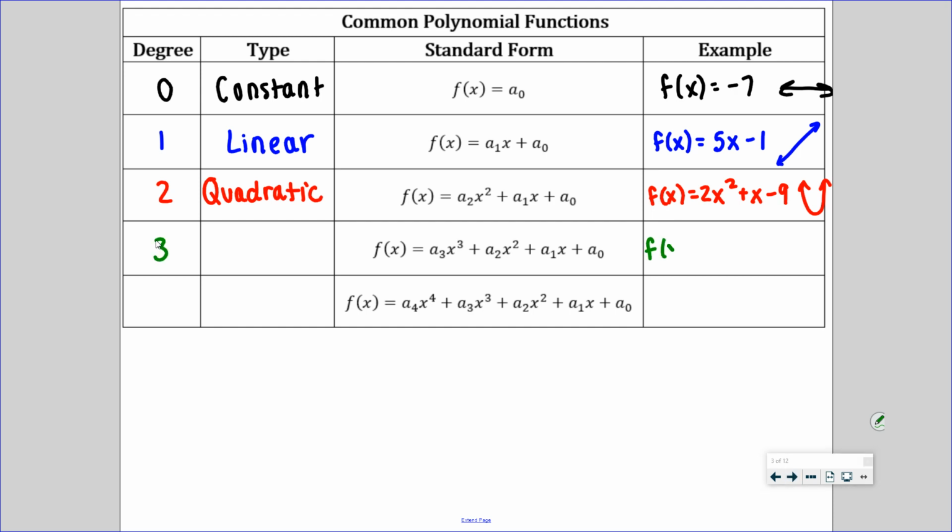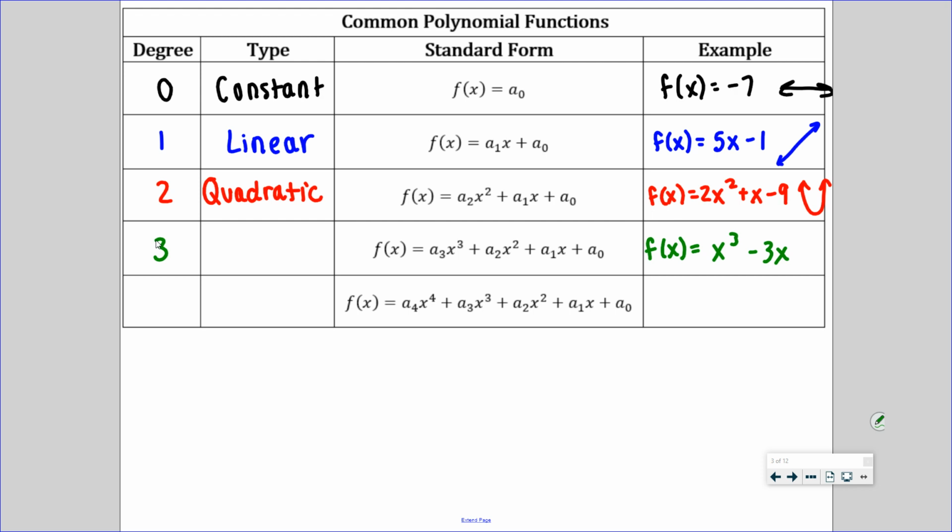If my largest power on the variable is a 3, that doesn't mean I have to have all 4 terms. I could have something like this, and that would still be classified as a degree 3 polynomial function, even if you only have 2 terms. Any guesses what these are called?